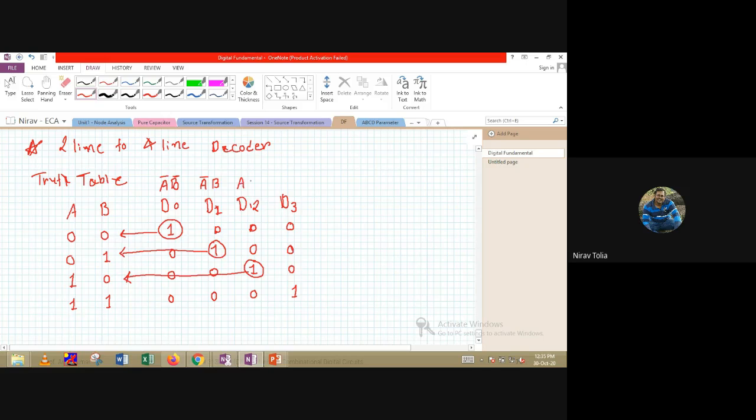So the equation is A B bar. And D3 is one only a single time, and at that moment the input is A and B 1 1. So the equation becomes A into B.